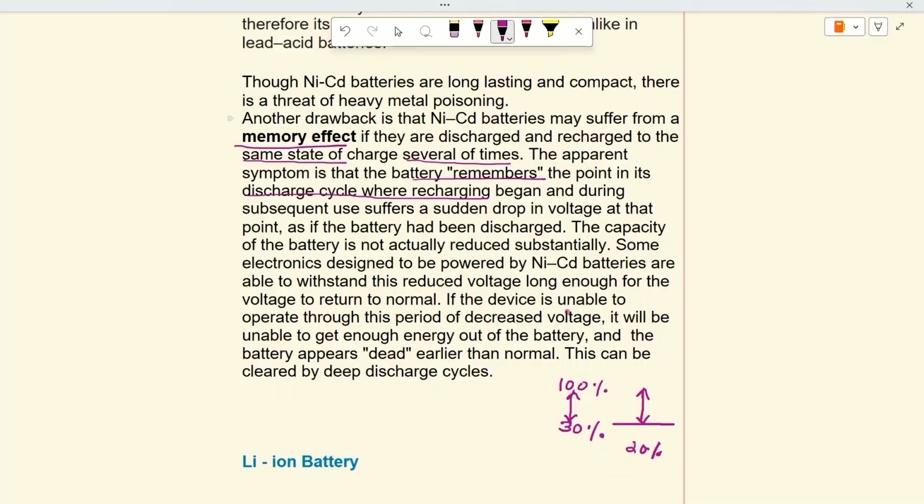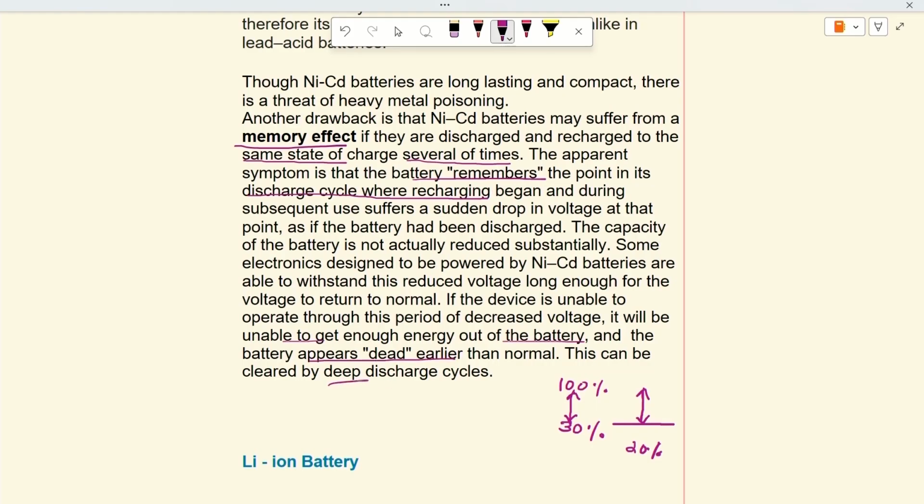So, what we have to do in such cases is discharge it for a longer period, so that the complete charge is drained, and then recharge it. Once you do that, the battery can be revived from this memory effect. Otherwise, it becomes unable to give enough energy and the battery appears dead.